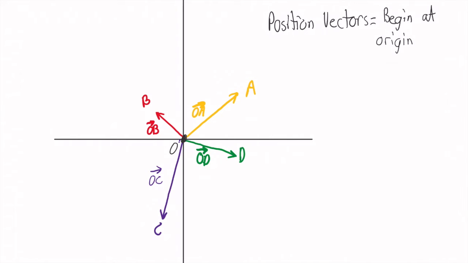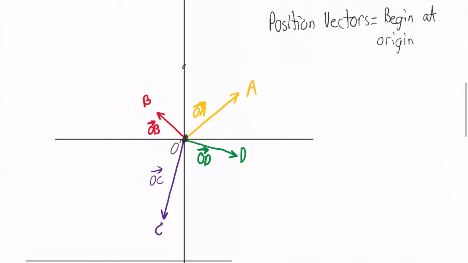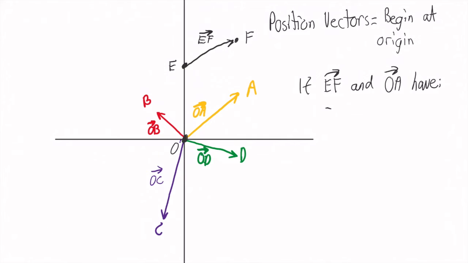An example would be if we placed a point here and labelled it E, and then we had another point to here, and let's call that F. If we drew the vector EF, we would be indicating the position of F with respect to E. Now if the vectors EF and OA have equal magnitude or size and equal direction, then the position of point F relative to point E is the same as the position of point A relative to the origin.